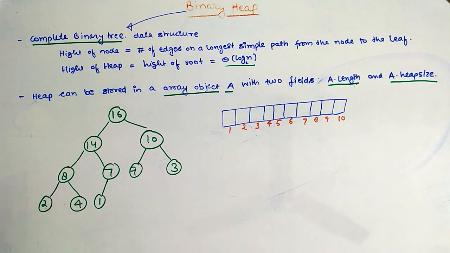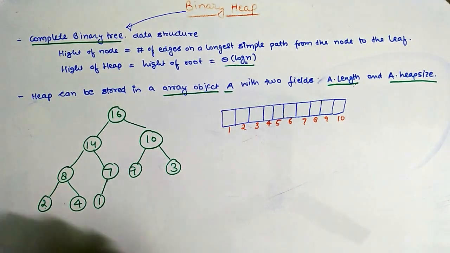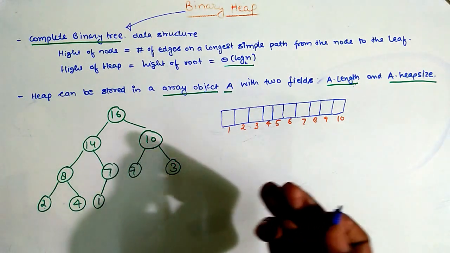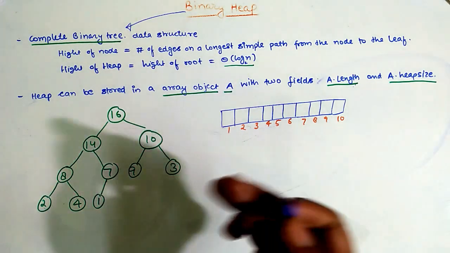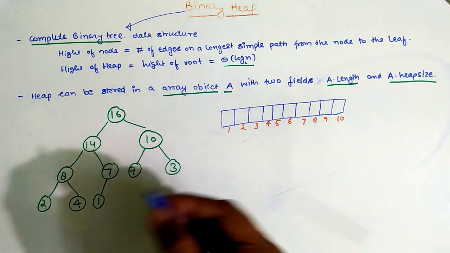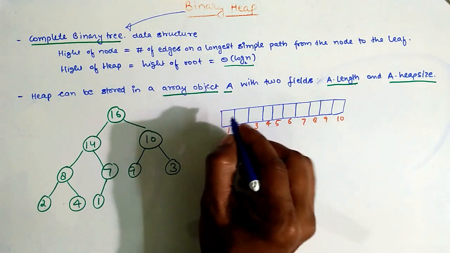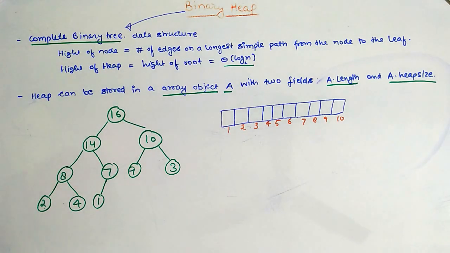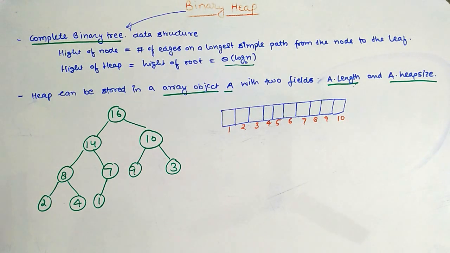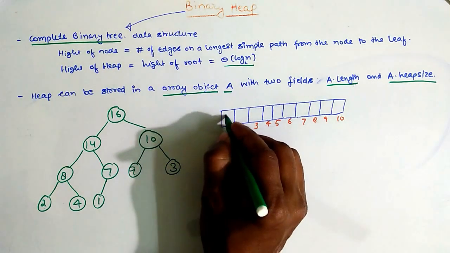So the heap is stored the same way as we store a complete binary tree in an array. We store the elements level by level. First the first level is stored, so we store 16 here.